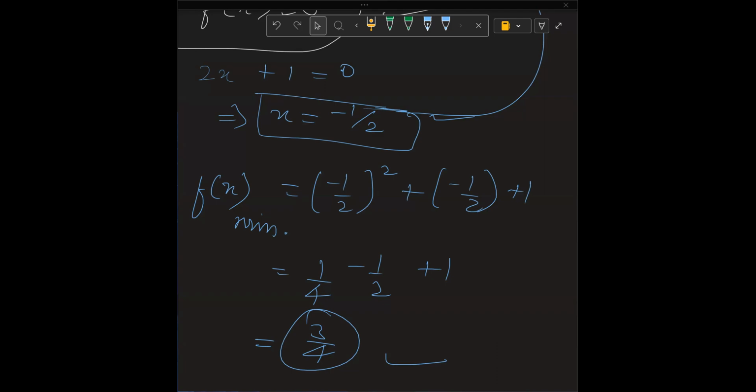So in the ninth question, find the maximum and minimum value of this function in the interval 0 to 2 pi.